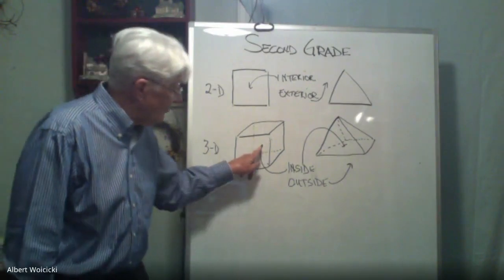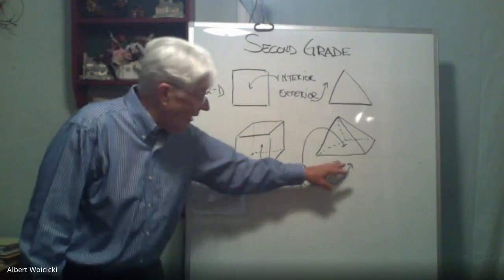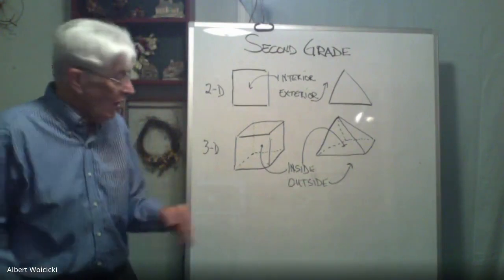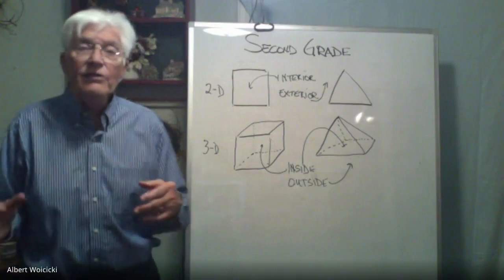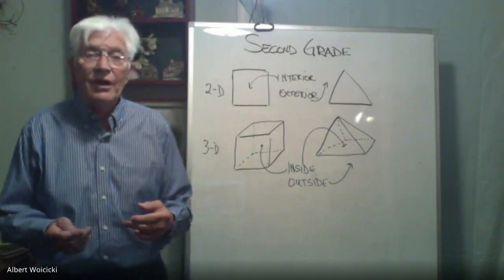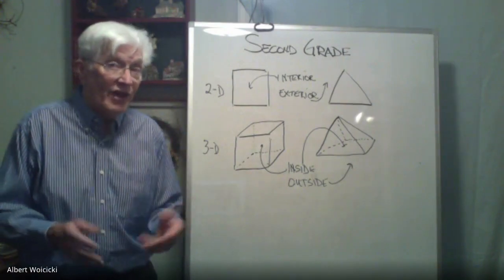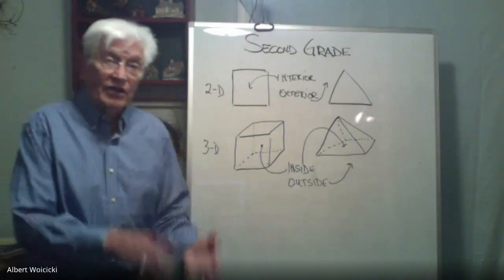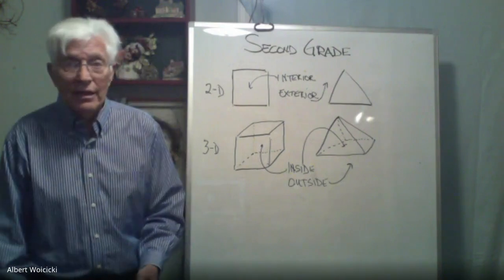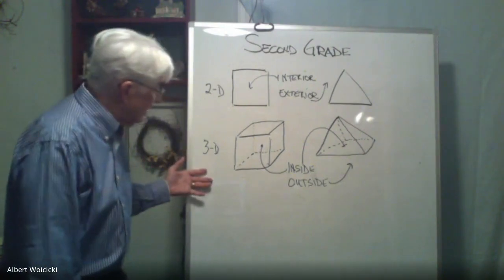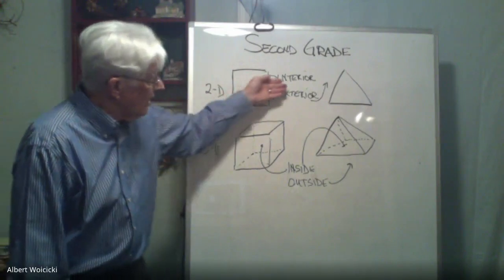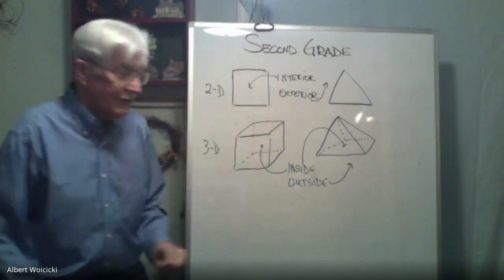This is the inside and outside for a 3-dimensional figure. So think of climbing inside the box. And when you don't climb inside, those are left outside the box. We have inside and outside. So 3D gives us inside and outside, and 2-dimensional gives us interior and exterior.